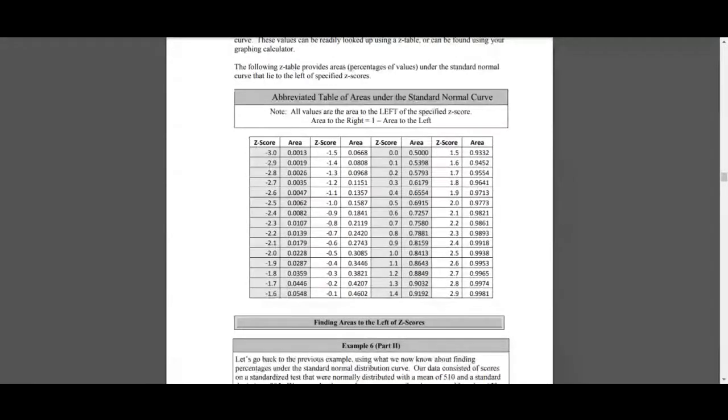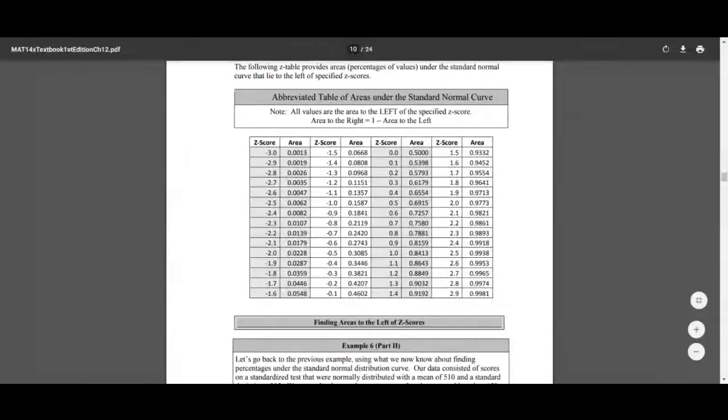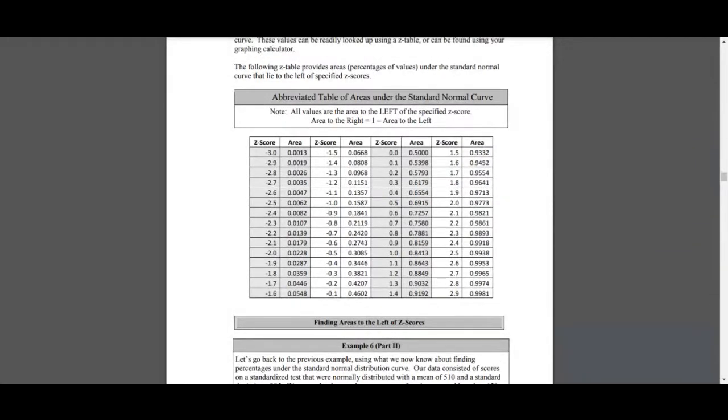If you go back to the table, you can see that 1.667 is not in there. But what we can do is round to 1.7. We have 1.6, but we don't have 1.667. Notice that 1.7 gives 0.9554.